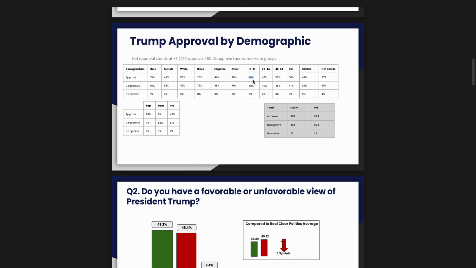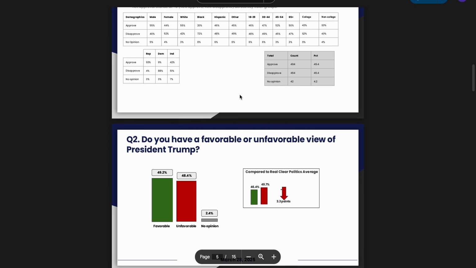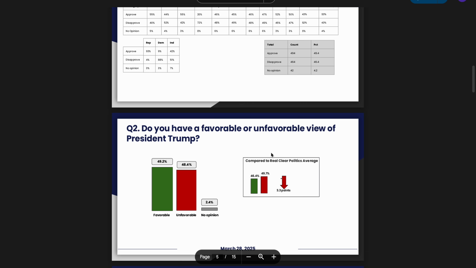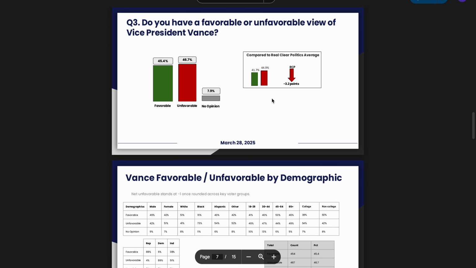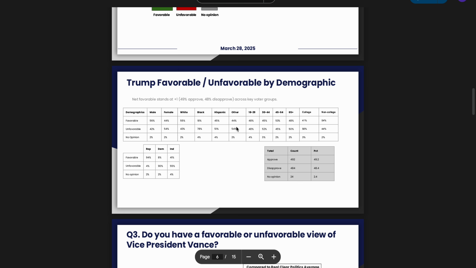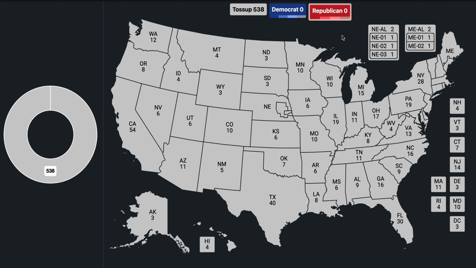And we even see here 18 to 29-year-old voters have a pretty decent favorable rating of him, actually about 46%. So that is fairly impressive. And we do see here, obviously his favorable instead of his job approval is slightly worse, but it is still pretty decent, and it's kind of matching the metrics that I'm explaining in my video here.